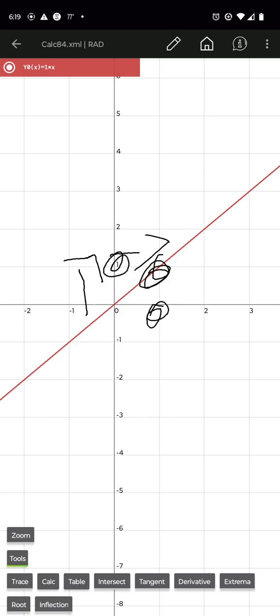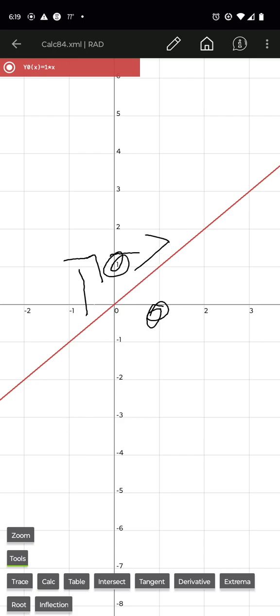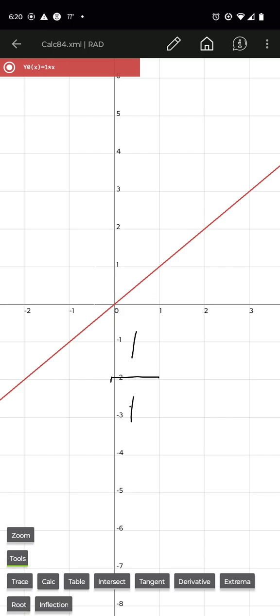Slope is usually known as rise over run. Rise over run. Remember that. So the slope of this would be 1 over 1. That's the slope.